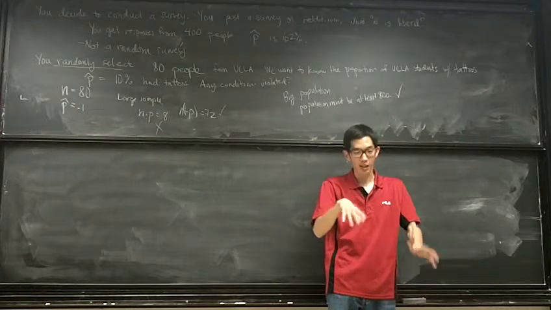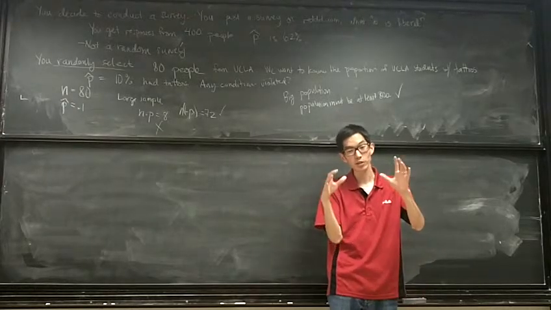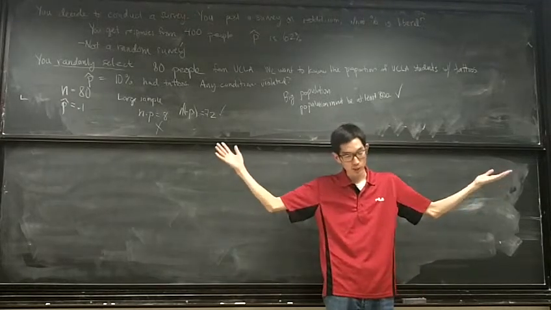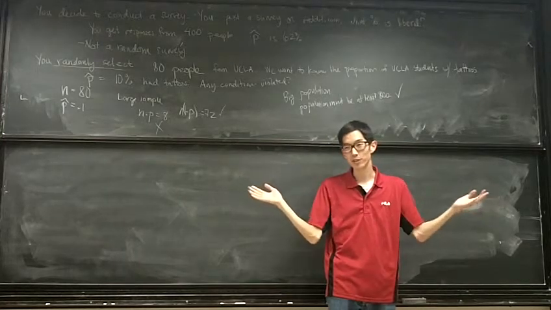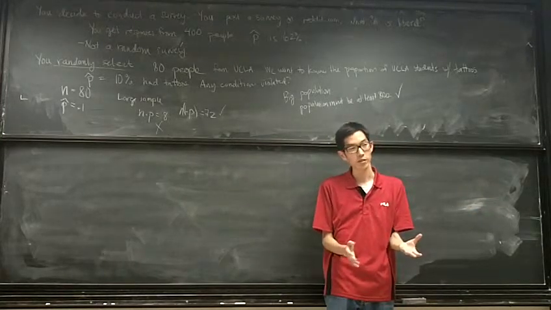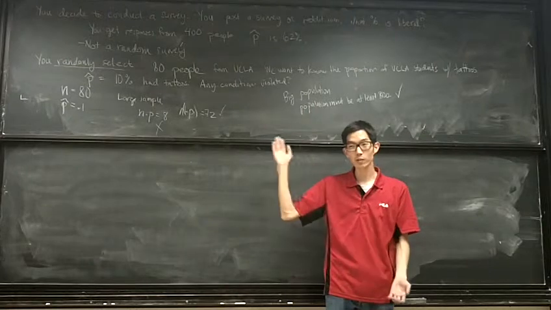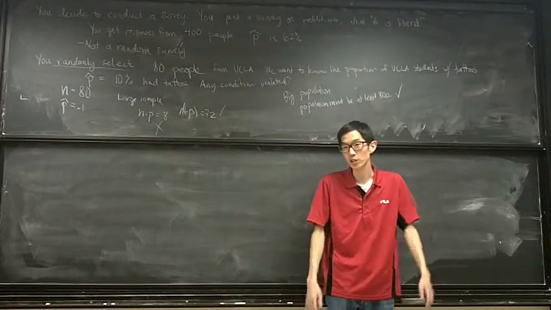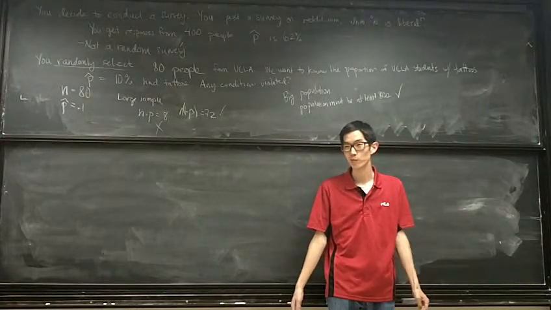So once again, I surveyed 200 people. 23% of the people I surveyed said they were Asian. If somebody asked, what percentage of Los Angeles is Asian, what would you tell that person?